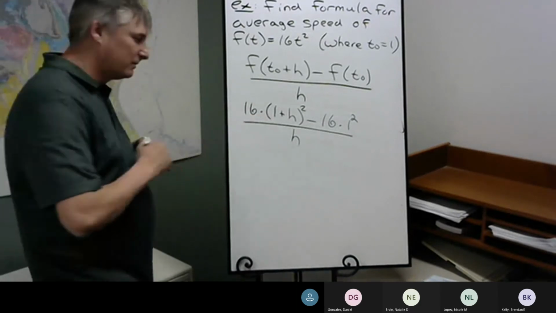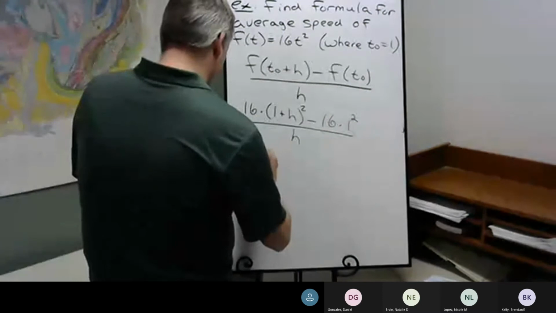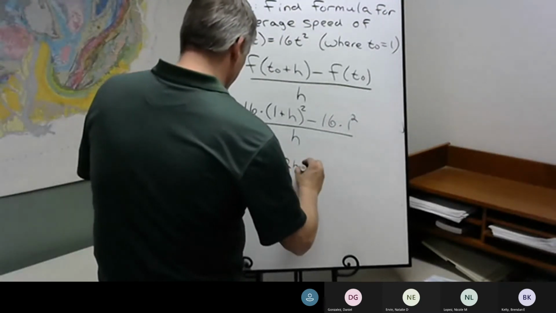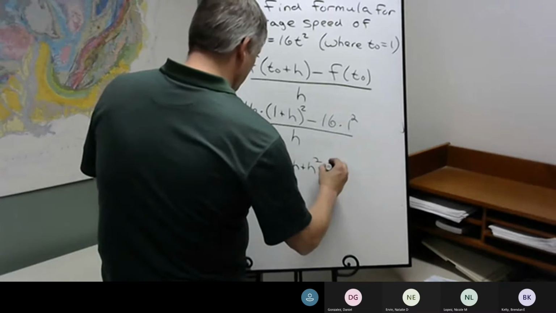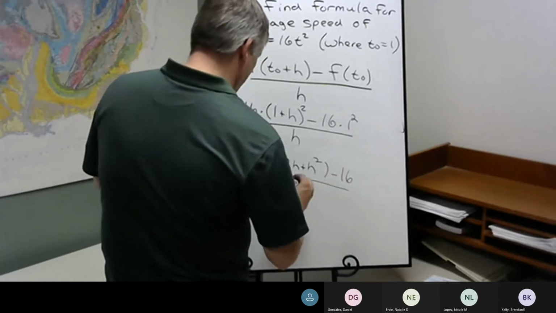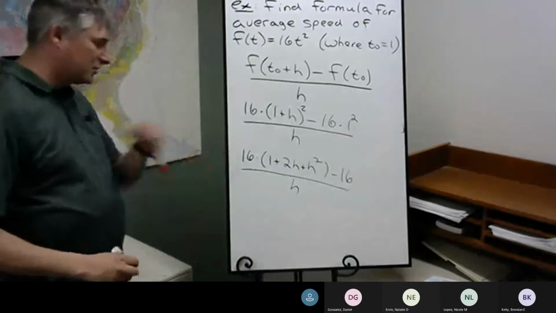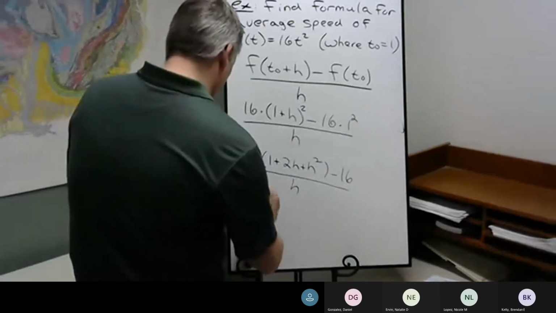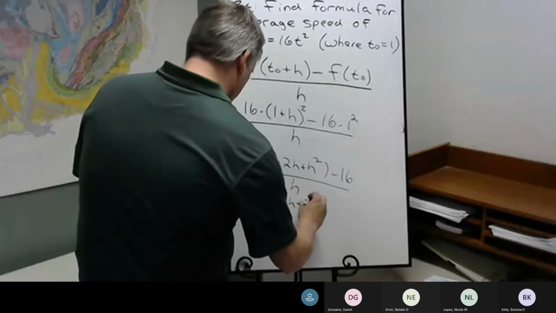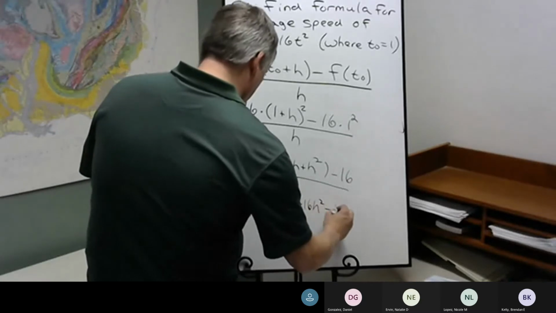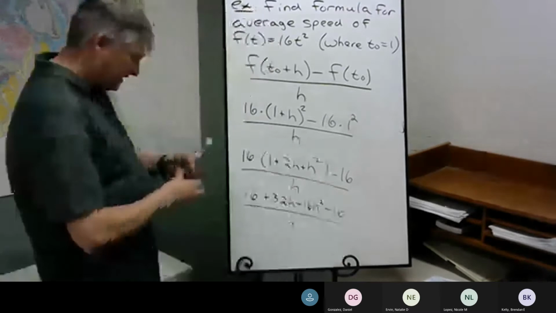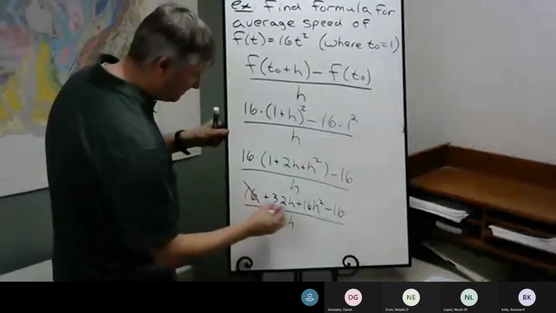Now we've got a FOIL. Distribute the 16. The 16s will cancel.